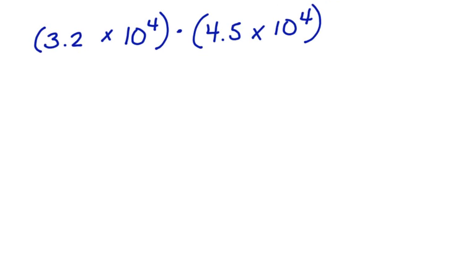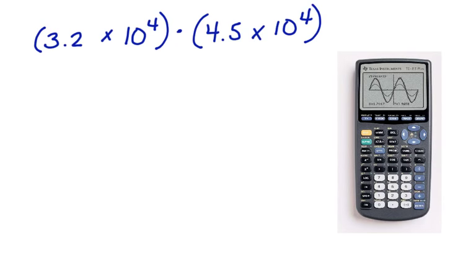Look at this problem. 3.2 times 10 to the 4th times 4.5 times 10 to the 4th. This is a perfect example for a graphing calculator. We're going to enter this into the calculator first. Now, because it's multiplication, we can use parentheses next to each other to show multiplication. Start off with a parenthesis on your calculator.